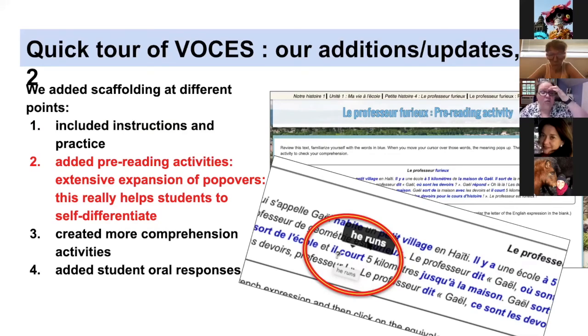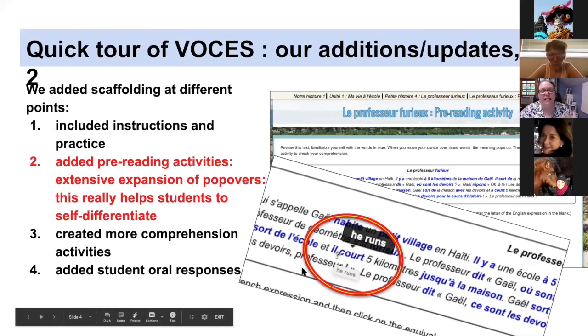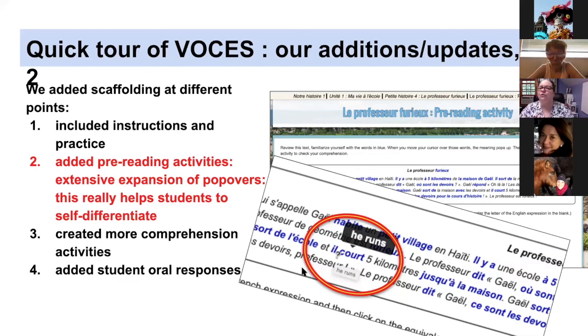And what we found is that this really helps our students to self-differentiate. The students who need the help, who will get stuck without it, who will give up, can use it. The students who don't need it, they don't use it. Some students will use it for a while if they're unsure, but it also can help them to gain confidence.